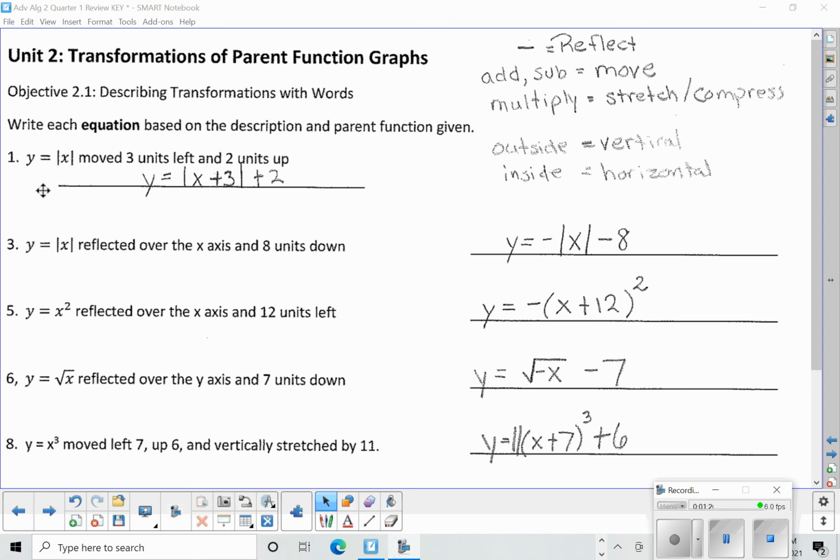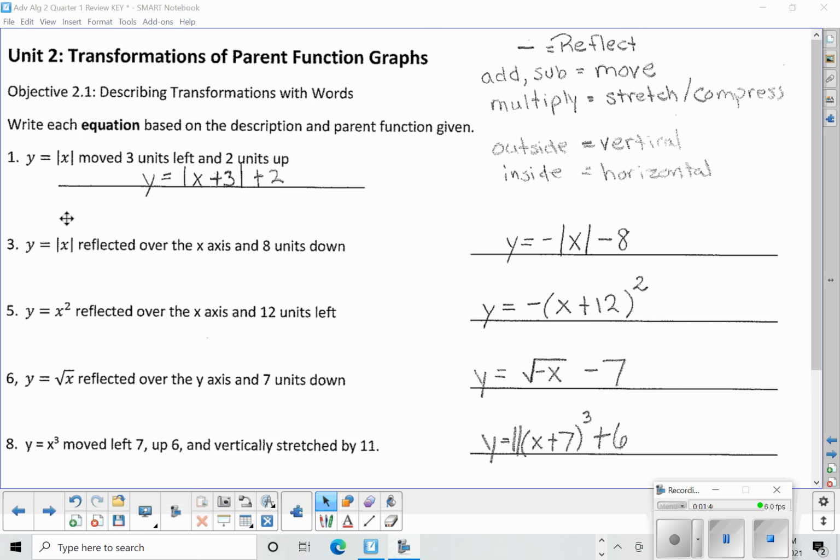Number 1, y is equal to the absolute value of x moved 3 units left and 2 units up. What does that mean?